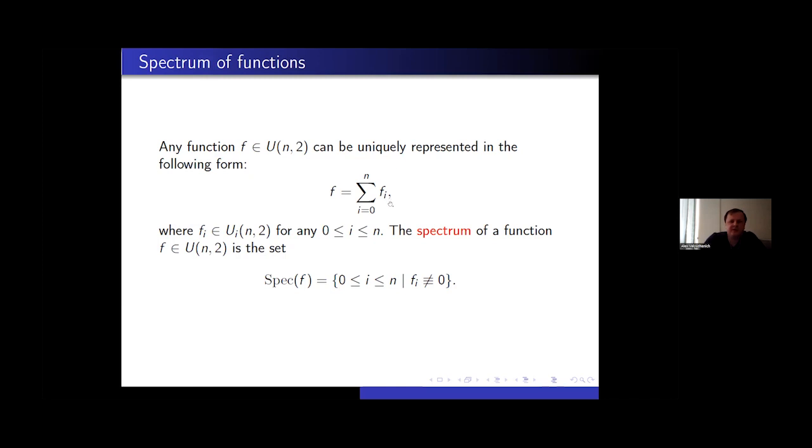In this sum, the function f_i is the projection of f into the eigenspace U_i, and the spectrum of a function f is the set of numbers i such that the corresponding function f_i isn't identically zero.